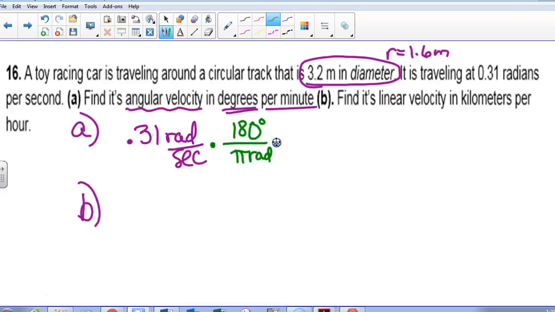Now we're in degrees, but they also want minutes. So we need 60 seconds is a minute. So 0.31 times 180 times 60, and somewhere along the line we had to divide by pi. I'm going to round to 1066 degrees per minute.